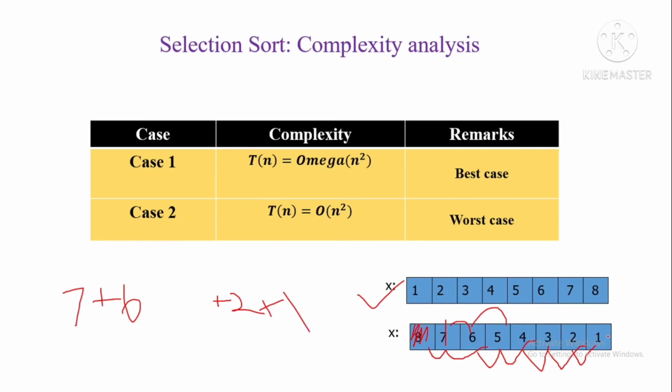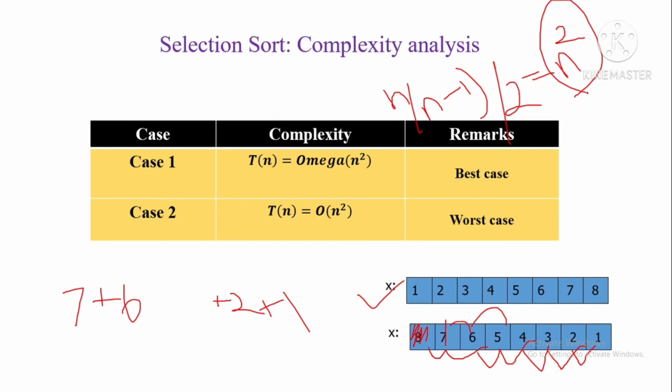The last element does not require any comparison. We get the same formula, n into n minus 1 divided by 2. So we can only keep the highest-order term, that is n squared.